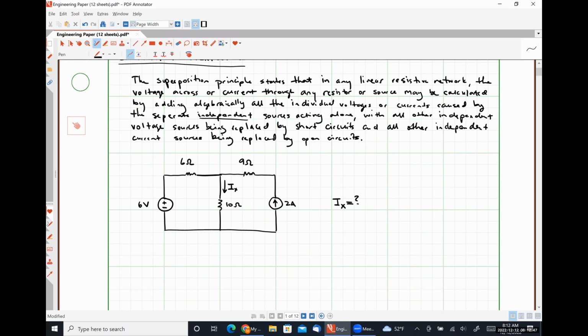Okay. So let me ask you guys a series of questions actually. Is this a single loop circuit? Is it a single node pair circuit? No. Are there any sources that we can combine?